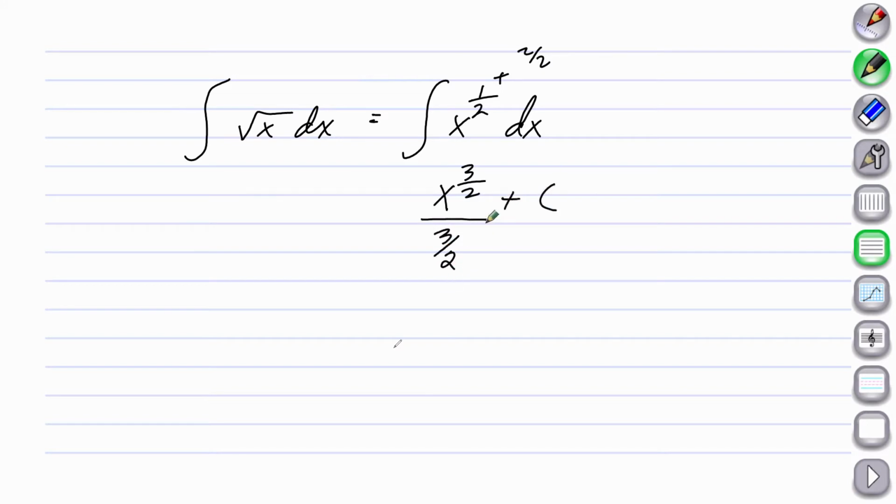So what I do in a case like this where there's a fraction is just write the reciprocal. Like this is 3/2, I put the 2 here and the 3 up here. So if it comes out a fraction, I usually write it as 2 on the bottom and 3 on top, so we can take this 3 and put it on top and write it as 2 over 3, x to the 3/2.